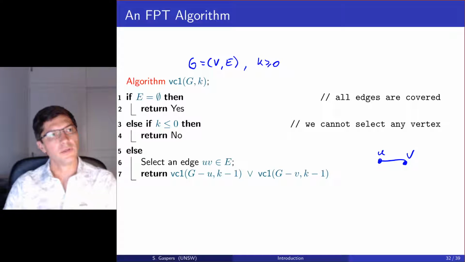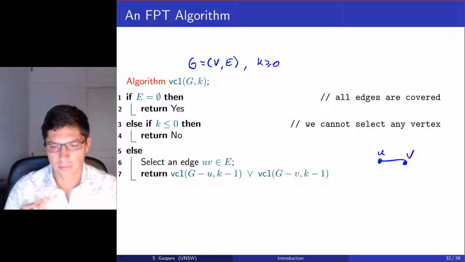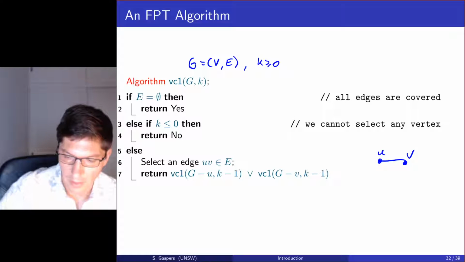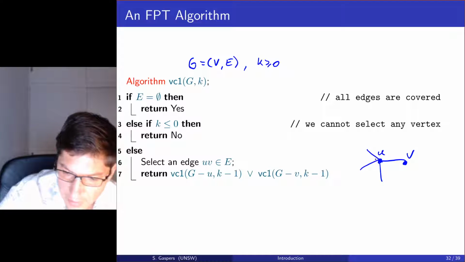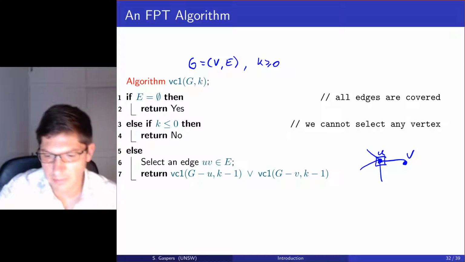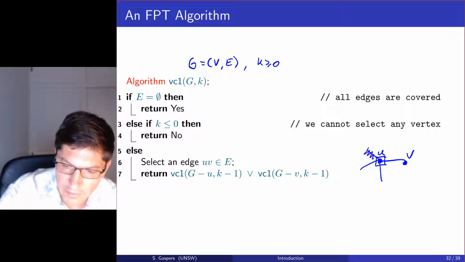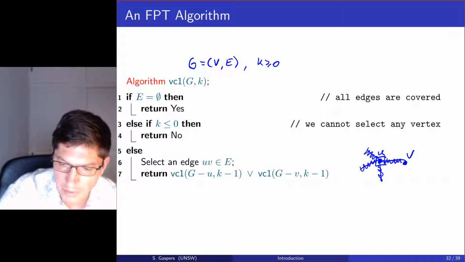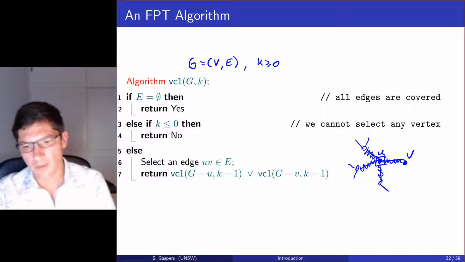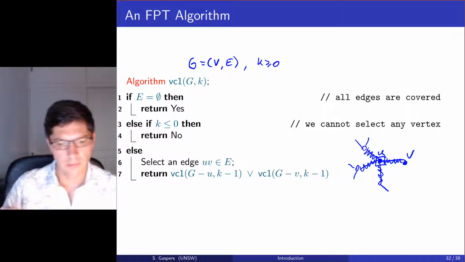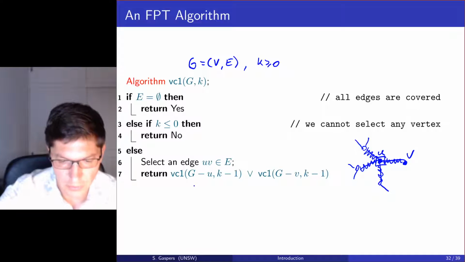So if we add u to the vertex cover, what happens then? u is some vertex in our graph, and if we add it to the vertex cover, this covers all the edges that are incident to u, in particular the edge uv, but others as well, right? Now what does this operation do?